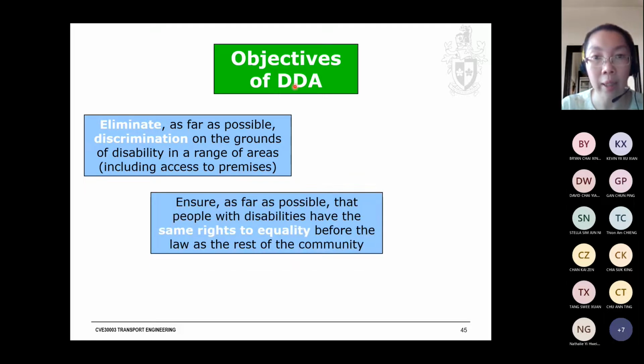And the Act ensures that as far as possible, people with disabilities have the same rights to equality before the law as the rest of the community. So same rights to equality, as in they can get a job even if they are disabled. They can get access to education even if they are disabled. So same rights for everyone.